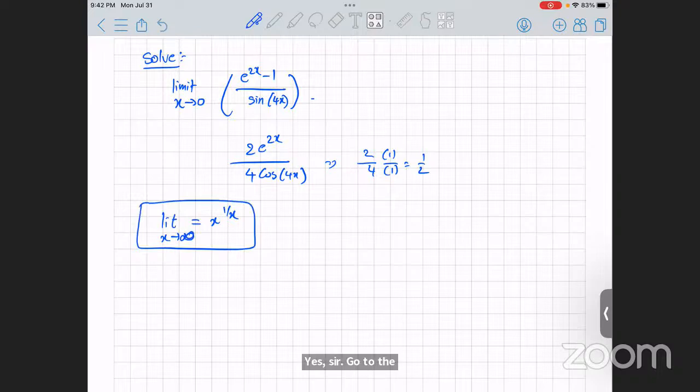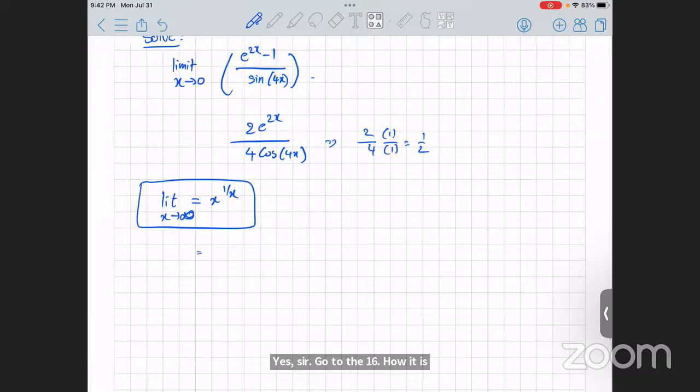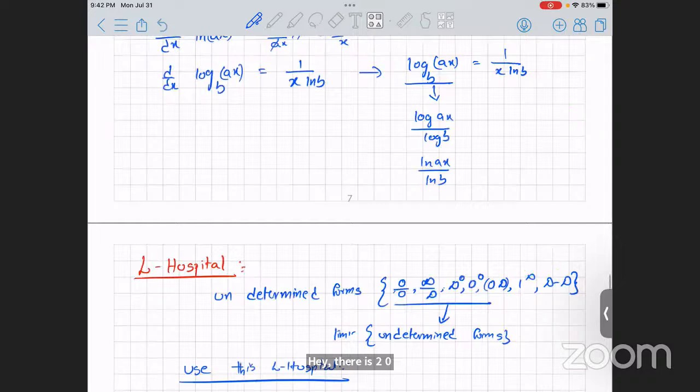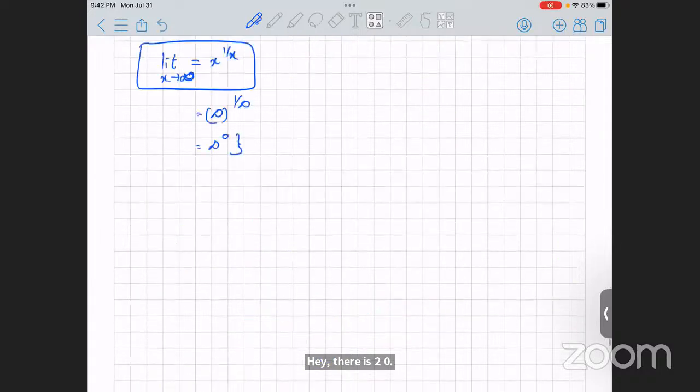Look, substitute infinity: infinity power 1 by infinity, which is infinity power 0. There are 7 indeterminate forms. Infinity power 0 is one of them, so use the L'Hospital rule.